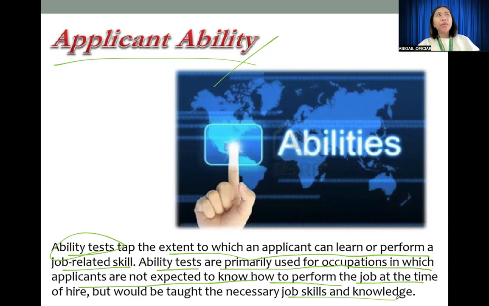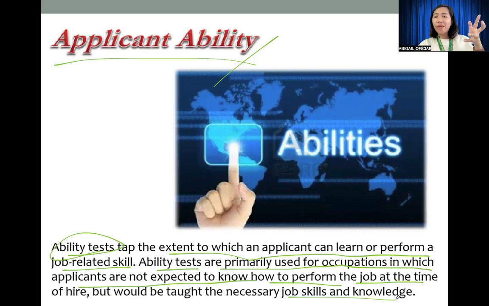For example, nag-administer ka ng aptitude test sa mathematics. Okay? So, maaaring hindi naman siya kagalingan sa math. Pero nung nagpa-test ka ng ability test or aptitude test sa math, ang taas ng nakuha niya. It's above average.